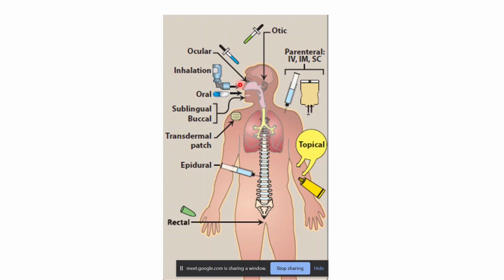The second is also an aerosol, for nasal inhalation. These are inserted into the nose, and this is a very common way of administration for nasal decongestants like oxymetazoline, which are used for the treatment of a running nose.